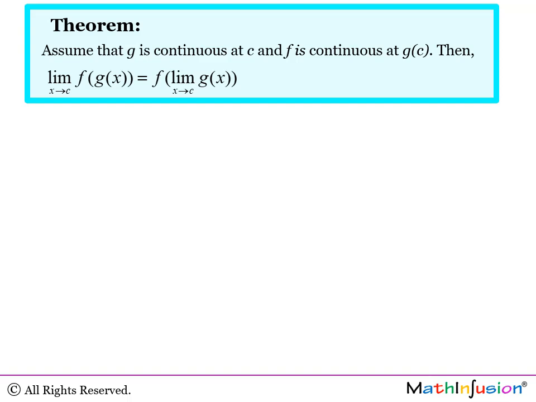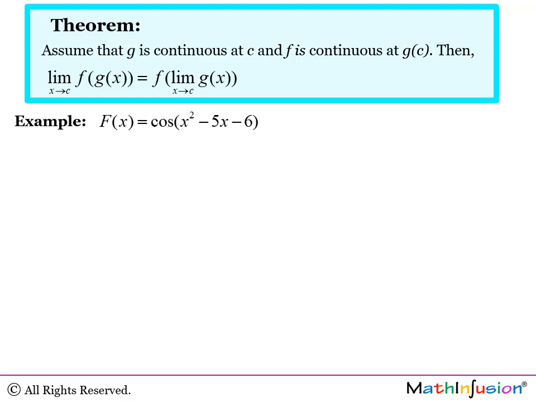Theorem: assume that g is continuous at c and f(x) is continuous at g of c. Then the limit of f of g of x as x approaches c equals f of the limit of g(x) as x approaches c. Example: here is a function that is a composition of two continuous everywhere functions.